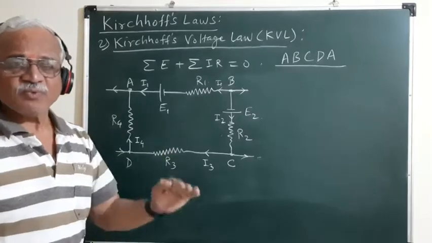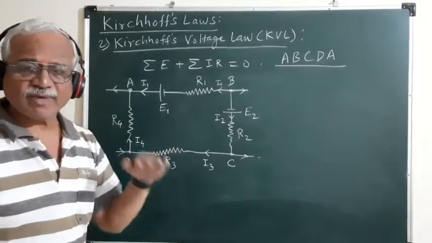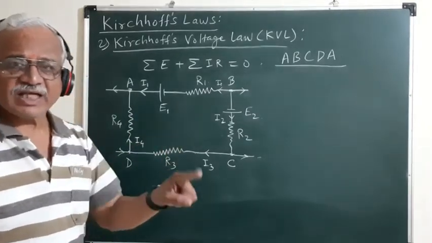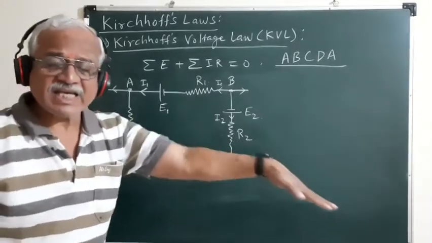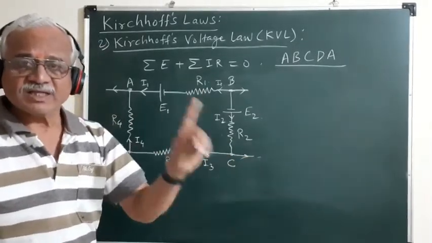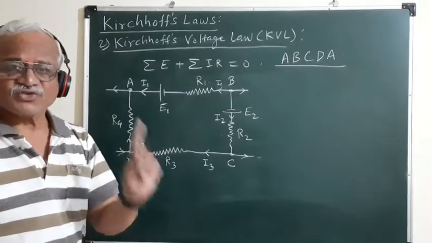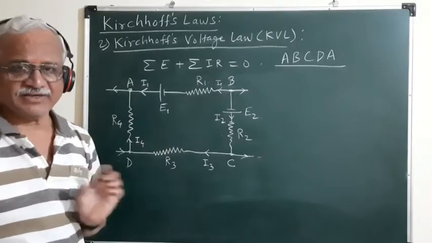And if we are traversing that branch of the network in the direction of decreasing EMF, then the EMF of such a source should be taken as negative.